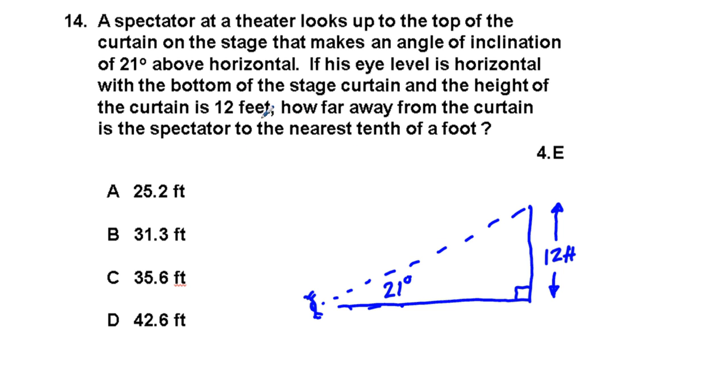Now, the question: how far away from the curtain is the spectator, to the nearest tenth of a foot? So here's the spectator, here's the curtain, and here's the distance, we'll call it D, in between the spectator and the curtain.